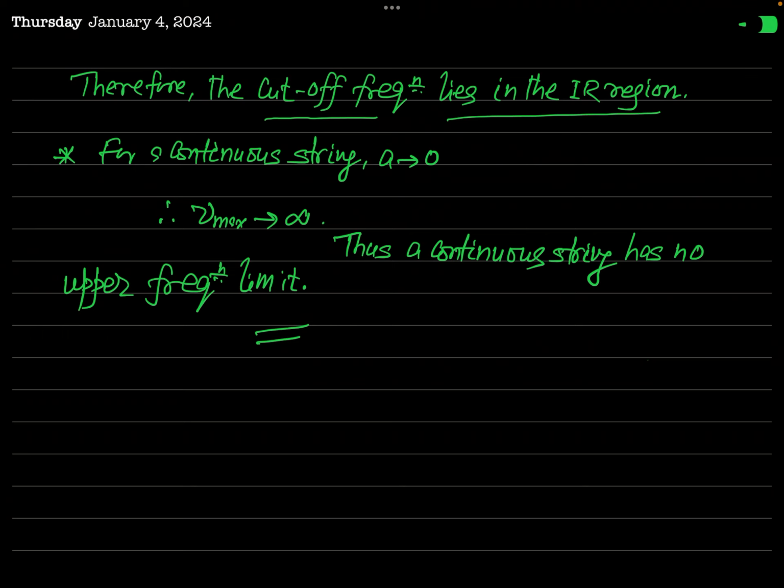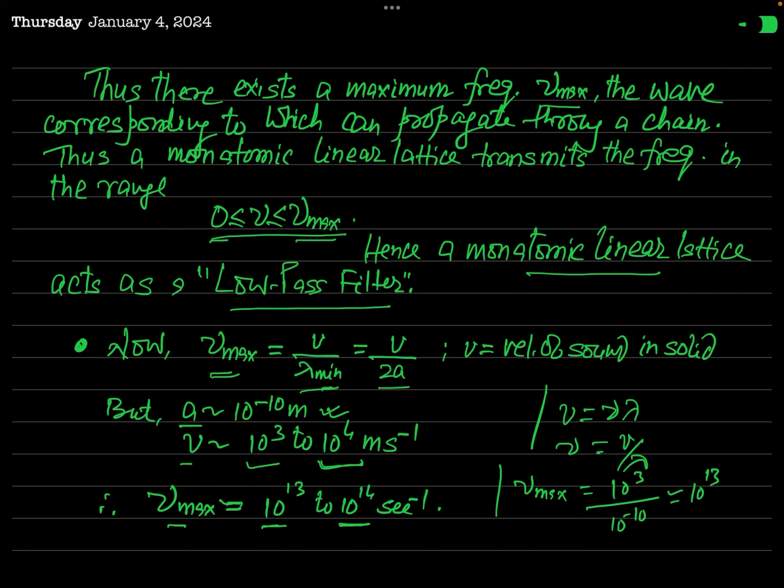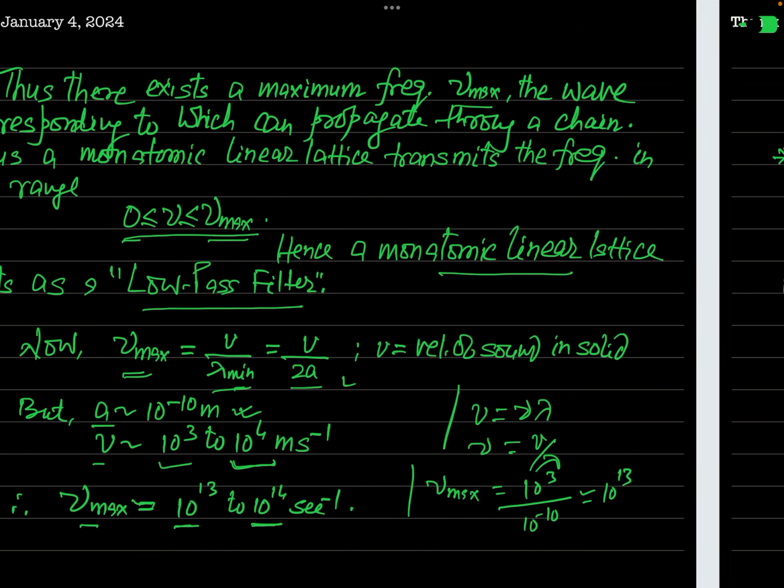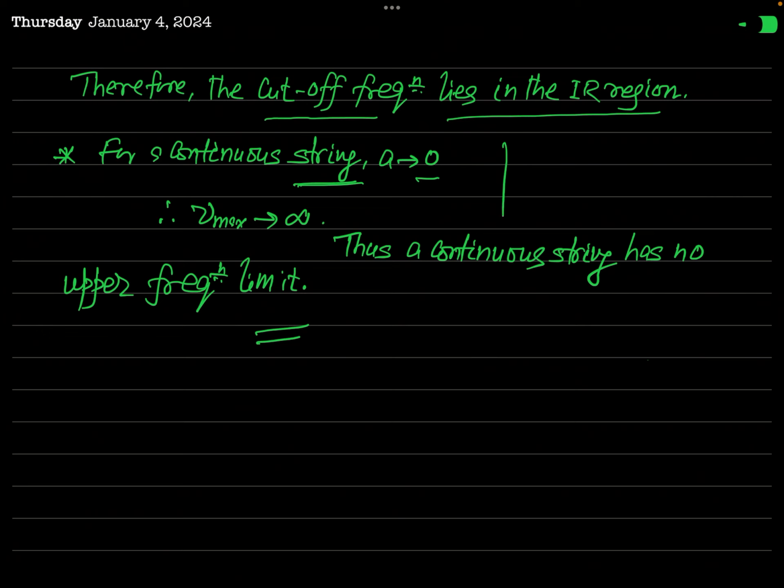But if you now consider a continuous medium, for example a continuous string, then a tends to 0. And if a tends to 0, see from this result, what will happen to nu max? Nu max is equal to v over 2a, and a is tending toward 0. So in this condition, nu max will tend to infinity.